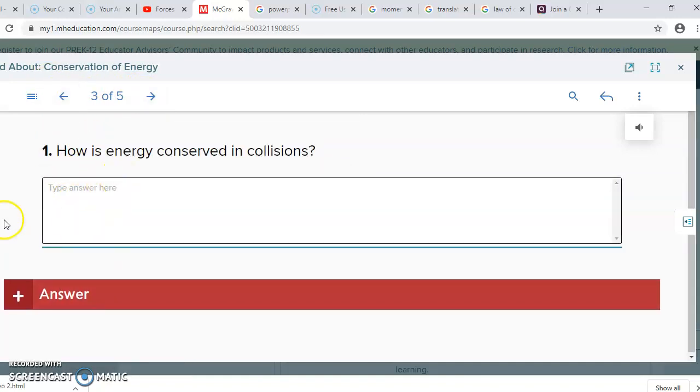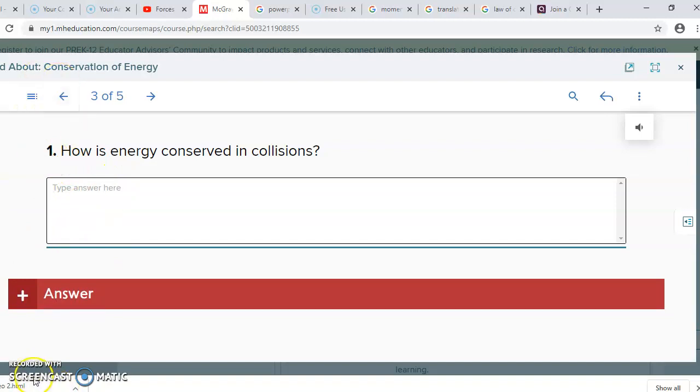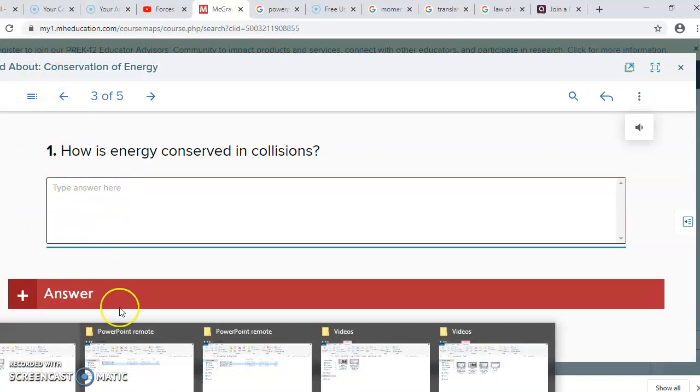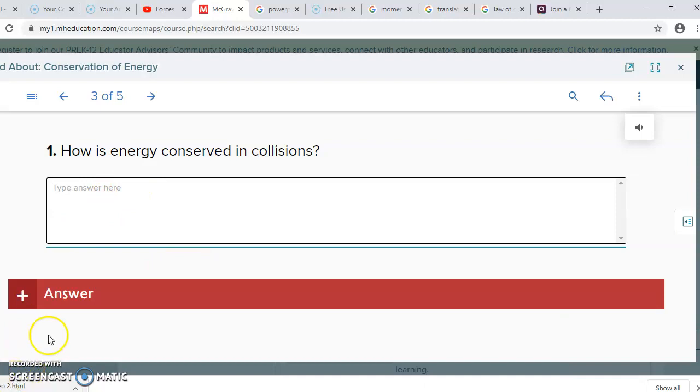Now you have a question in your book. Please, you have time, read it, try to answer it by yourself. How is energy conserved in collisions? Remember that collision doesn't mean an accident or a huge crash. It can be a touch or hit between two or more objects. So the car on the roller coaster, how is the energy conserved in this game or in collisions in general?